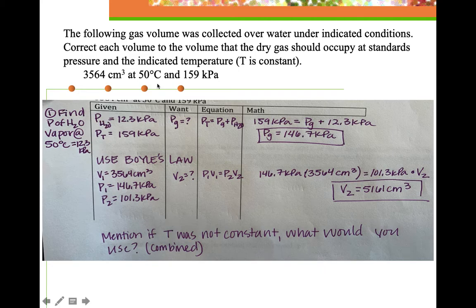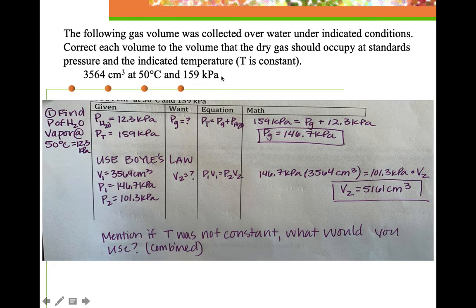You might see: the following gas was collected over water under indicated conditions. Correct each volume to the volume that the dry gas should occupy at the standard pressure and indicated temperature. In this problem, temperature is constant. So they tell me my volume is 3,564 centimeters cubed at 50 degrees Celsius and 159 kilopascals.